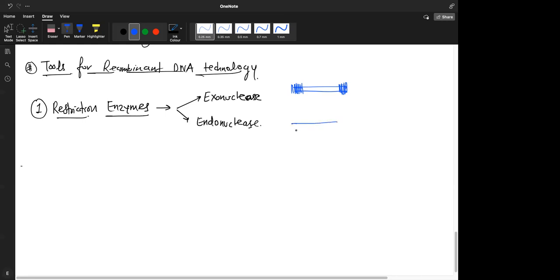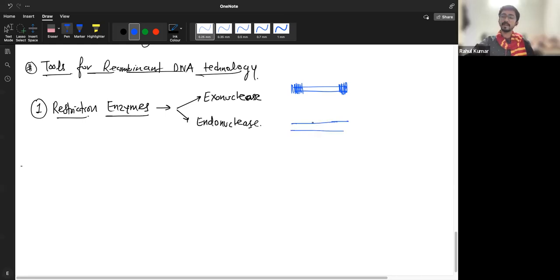Whereas an endonuclease will identify some sequence in the middle, towards the inside of the DNA, and it will come and cut the DNA there. That's endonuclease. For our purpose we are using endo. We will be focusing on endonucleases, which recognize a particular sequence anywhere in the DNA and can make a cut there.